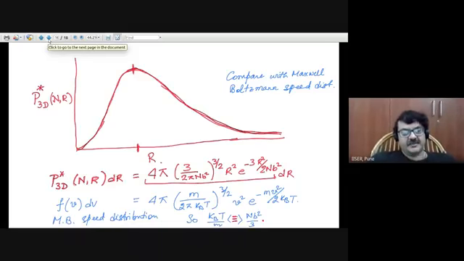And again, when you take a scalar, I have written down explicitly the Maxwell-Boltzmann speed distribution. You can compare this with this: you have 4 pi, this prefactor to the power 3 by 2 into v square, and here you have r square, and e to the power minus mv square by 2 kbt.